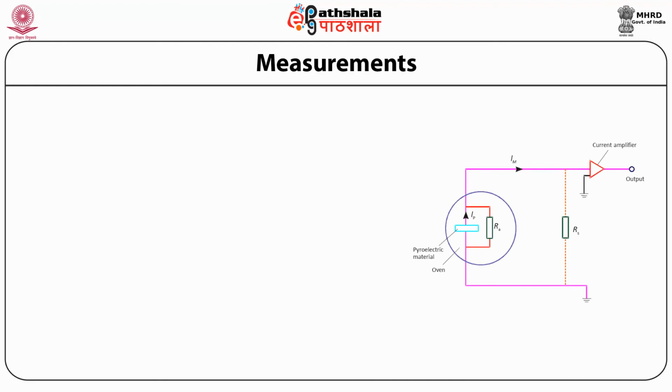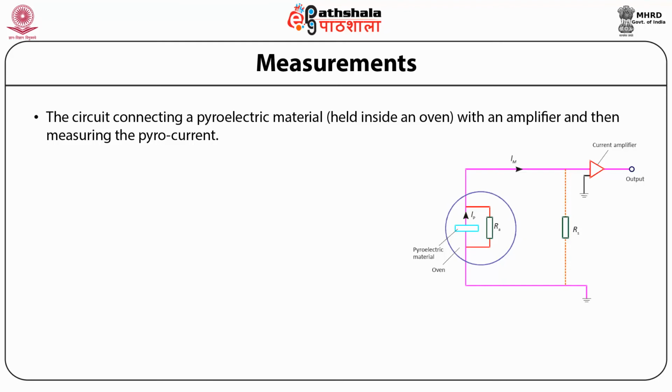Measurement of pyroelectric coefficient. One of the direct methods of measurement of pyroelectric coefficient is shown below. The circuit connects a pyroelectric material, which is held inside an oven, with an amplifier and then measures the pyro current.